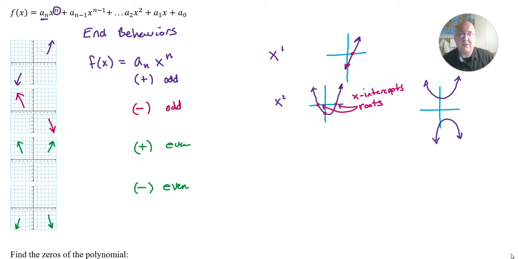So two roots is a potential, right? For x to the first power, it's not a potential. It has to have one x-intercept. But for x squared, we're not guaranteed to have two x-intercepts. That's just the most we can have.